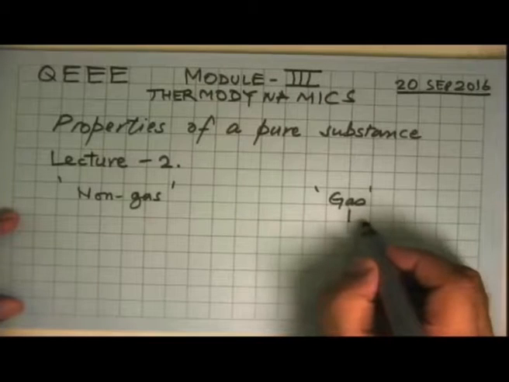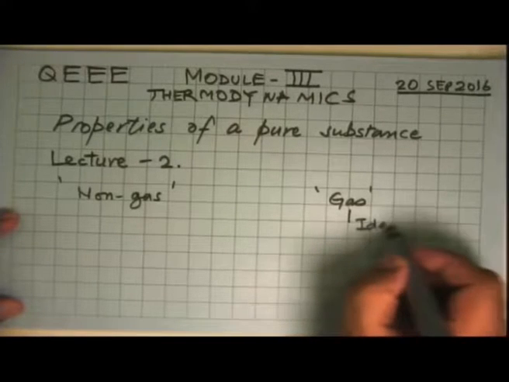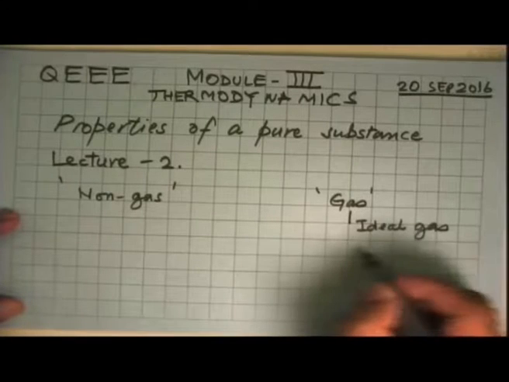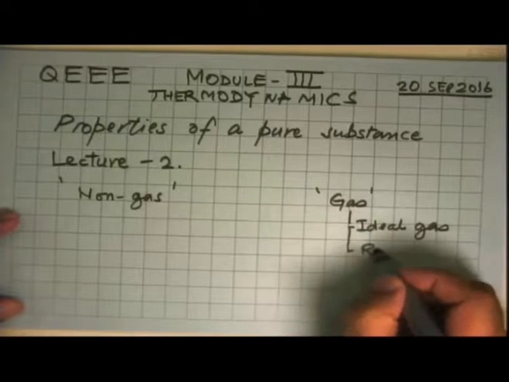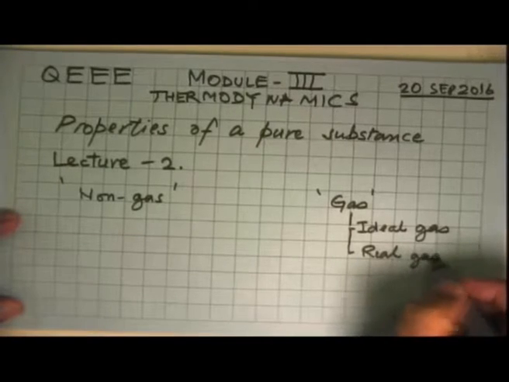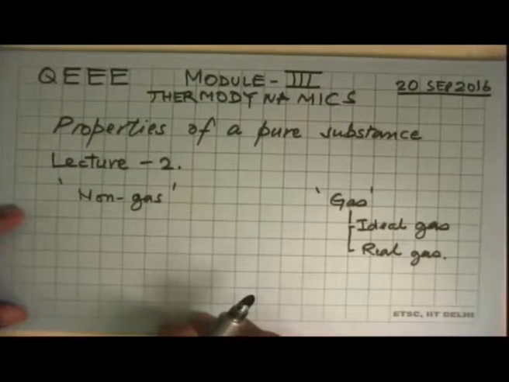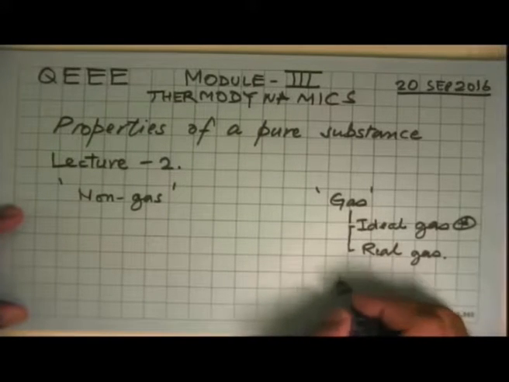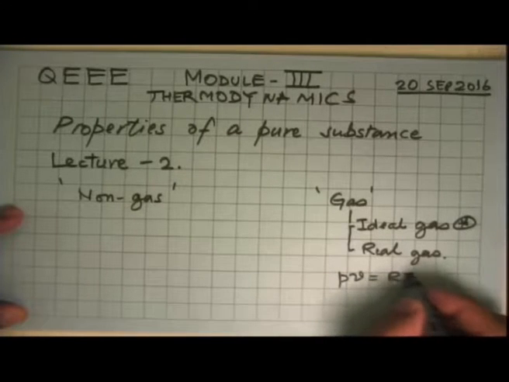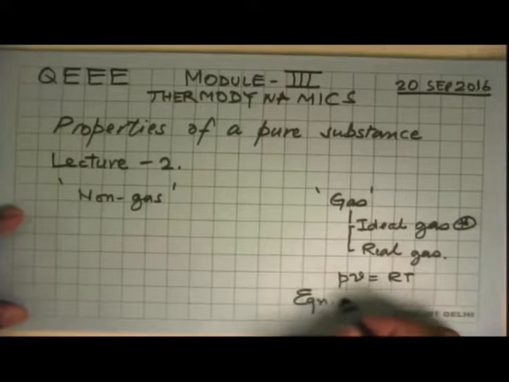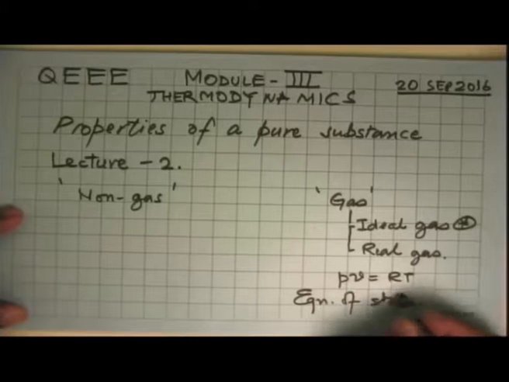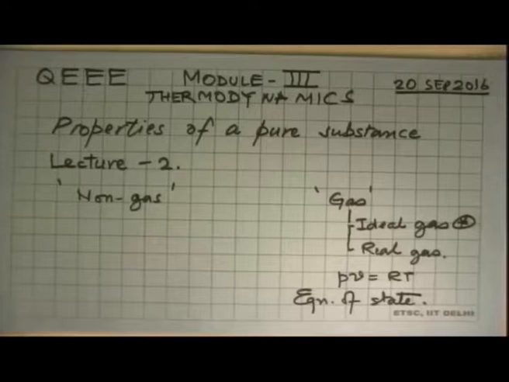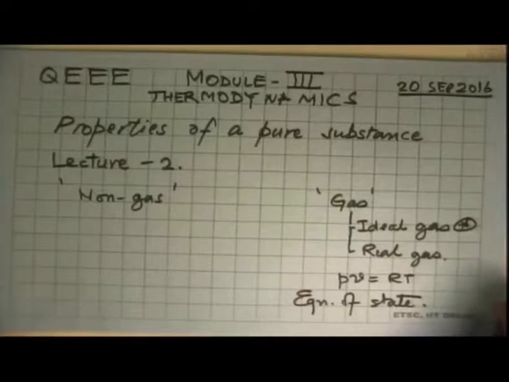And within gas, we have the most idealized situation, which we call the ideal gas, and then a real gas that deviates from it. The ideal gas is the easiest to work with in thermodynamics, for the equation of state is very simple, and that is the central idea of all this discussion on properties of a substance: how can I get all the properties for a given state if a minimum of two independent properties are specified.